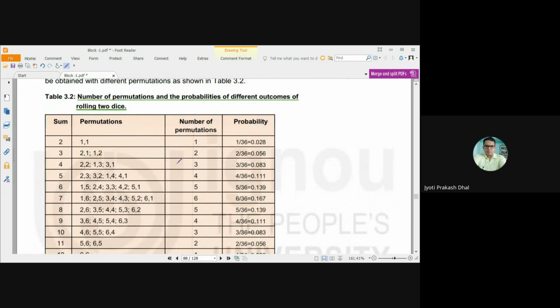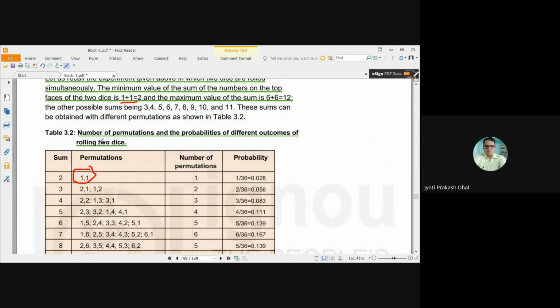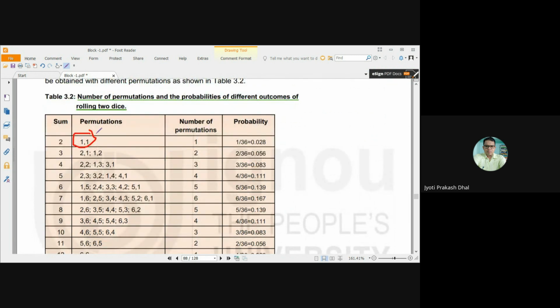So here are the number of permutations and probabilities of different outcomes of rolling the dice. These are the outcomes of rolling dice, and this is the permutations.